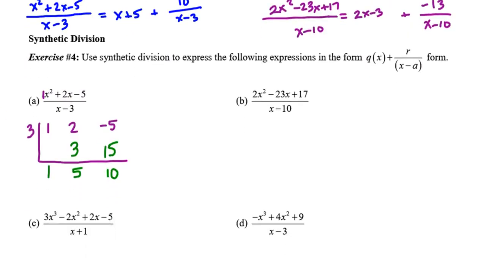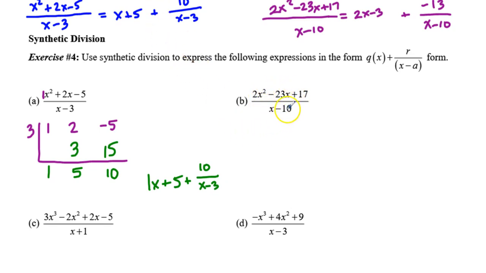All this means is 1x plus 5 plus a remainder, which we're going to express as 10 over the divisor x minus 3. Pretty cool, right?